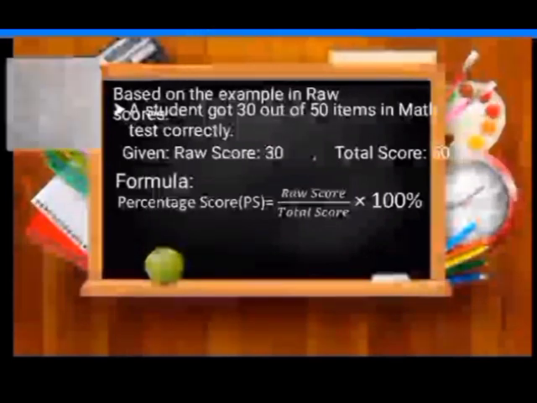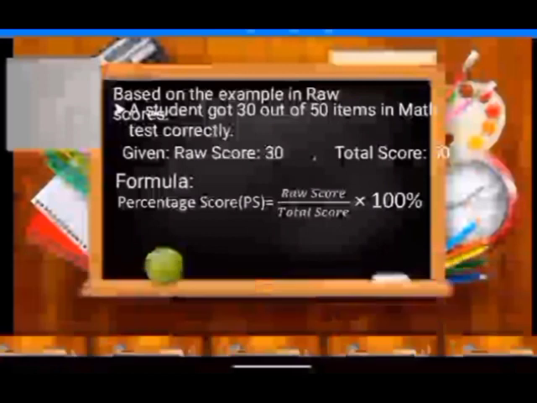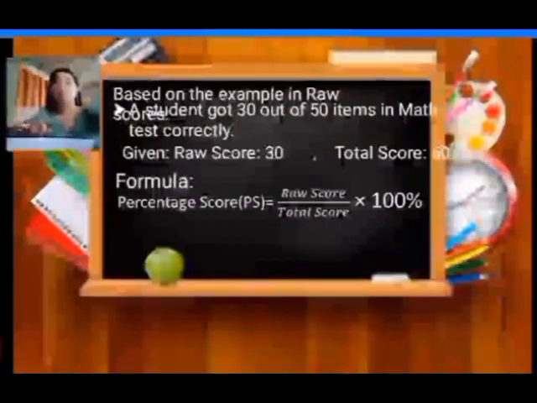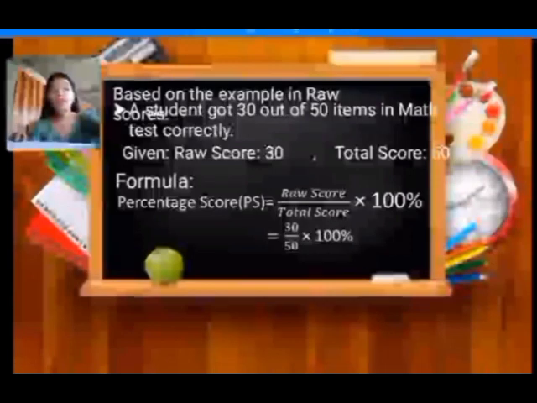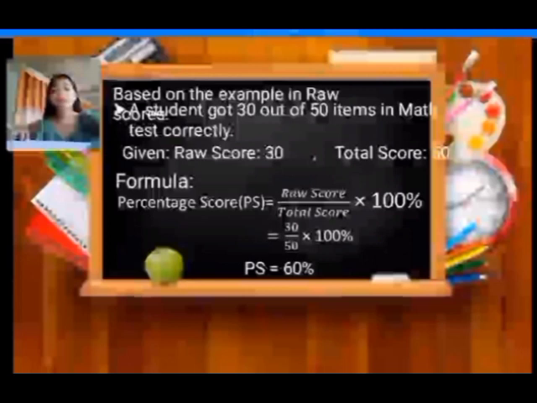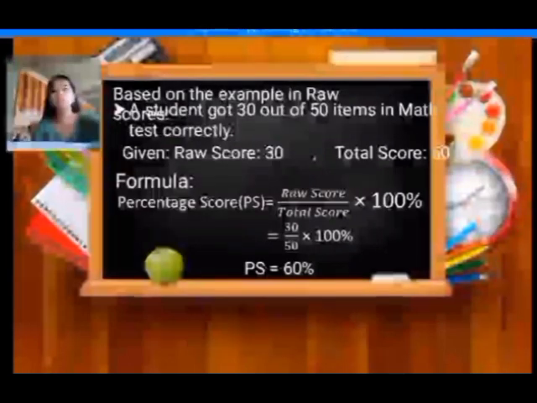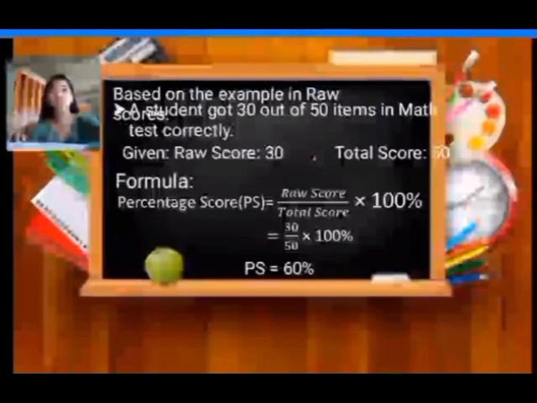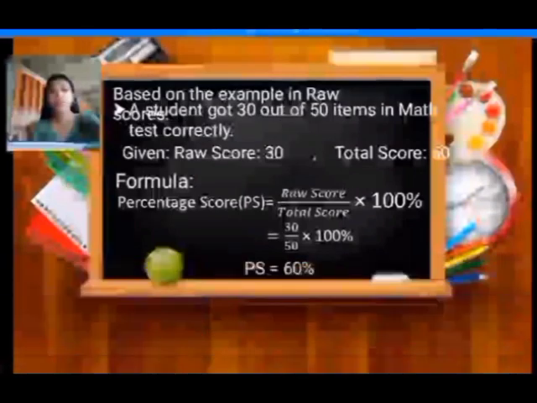So this means that the student got 60% in their math test. Here, 30 over 50 times 100 is equal to 60%. So the student got 60% out of 100% in their math test. I hope that you understand what is percentage score.